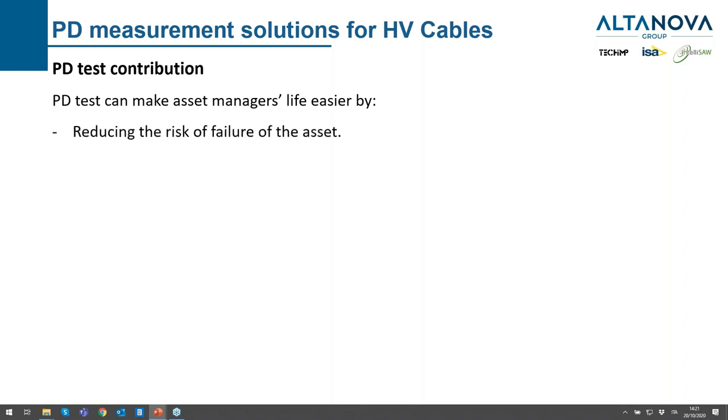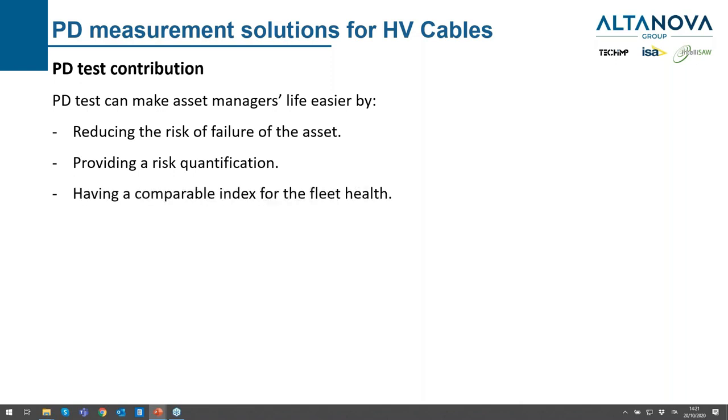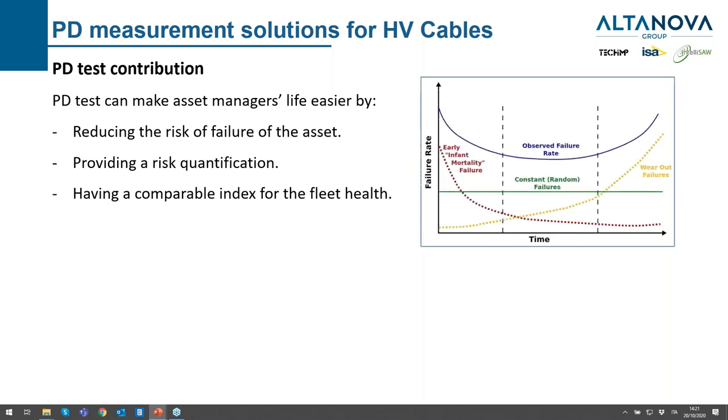So, if you want to sum up a little bit, what is the PD test contribution to the final customer? PD testing basically should make asset managers' lives easier. We have to reduce the risk of failure of the assets, provide risk quantification, and have a comparable index for the fleet health. We can basically take the normal failure rate and try to fight each kind of failure with a different tool.